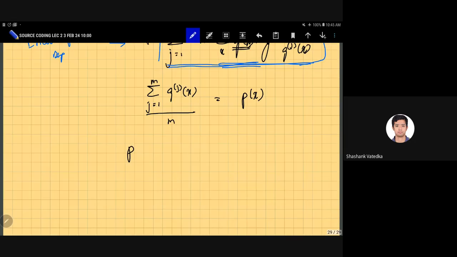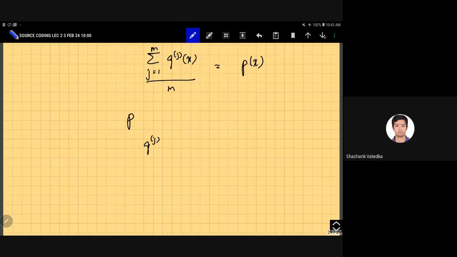So we know p. We design the code according to p. But then the empirical frequency for that particular file, for the jth file, turns out to be qj.